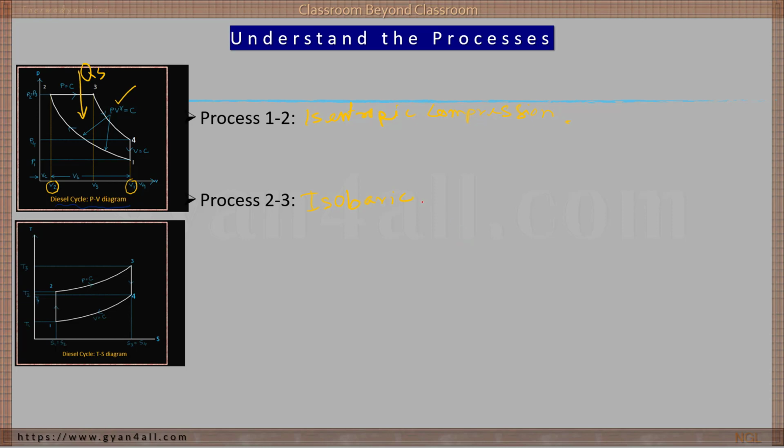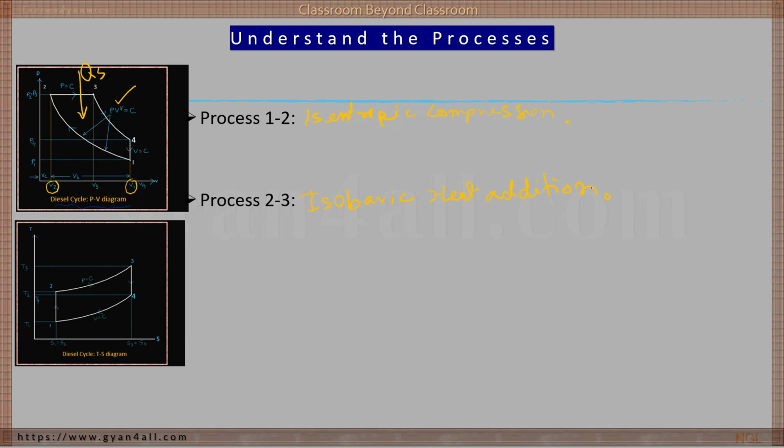So you say expansion, although actually we do not consider it to be expansion, we will call it heat addition. What is an expansion process? In expansion there will be an increase in volume and a decrease in pressure.